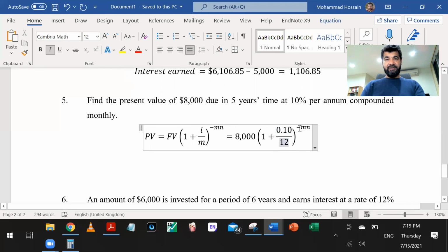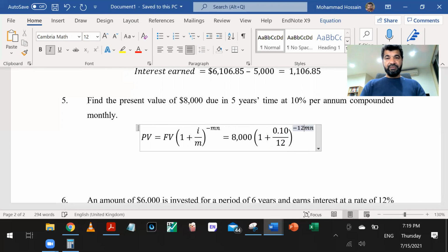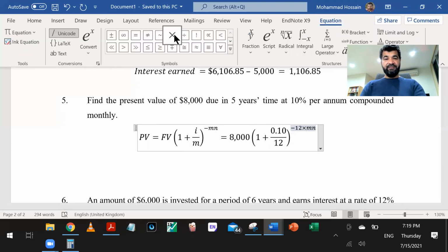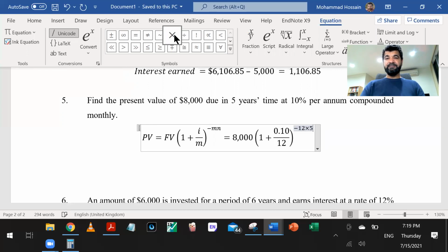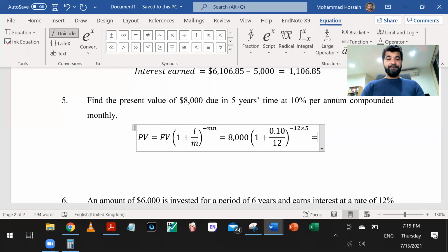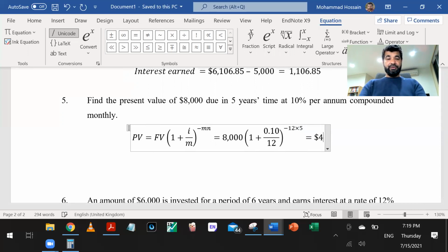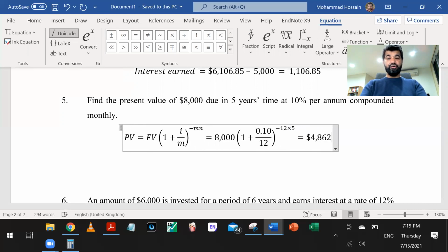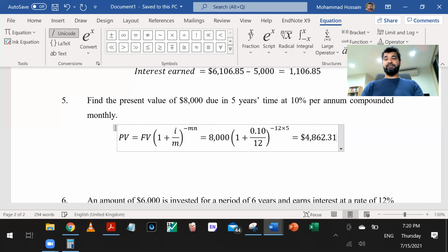To the power of how many years? 5 years. It will be 60 actually, so 12 multiplied by 5. The answer will be equal to 4,862.3.